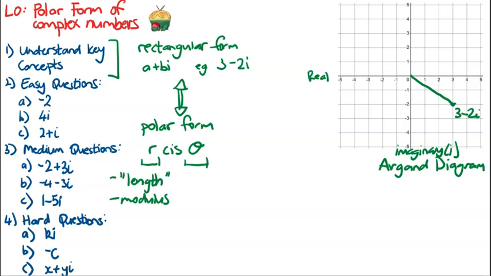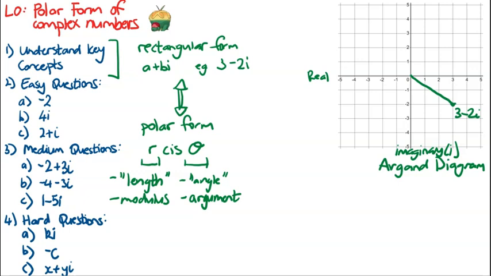This next one here, that's actually the angle, and I'll get into a bit more about the angle soon. That's the angle created by the line, and we call this the argument. And as I said, there's a lot more to the argument or the angle.